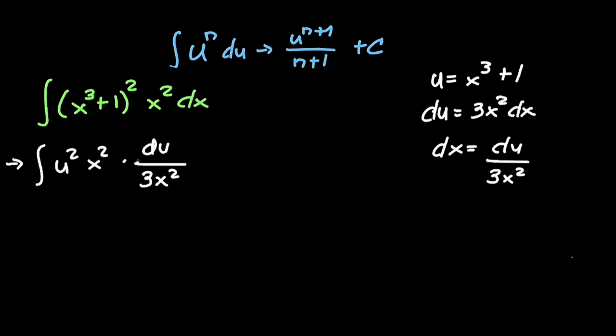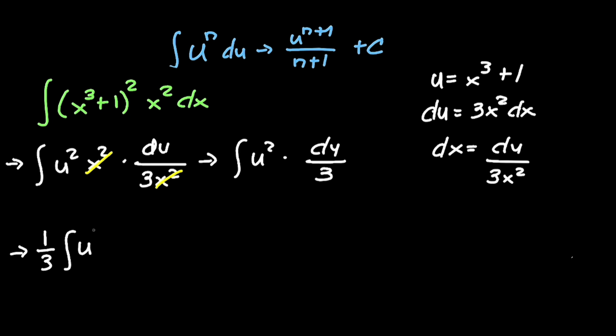This x squared will cancel each other out, so you are left with the integral of u squared multiplied by du over 3. So the function will now seem like 1 over 3 the integral of u squared multiplied by du.